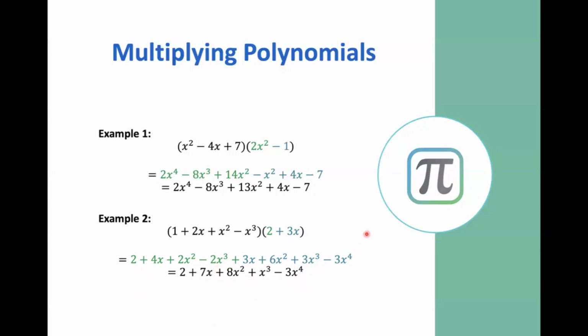A little bit more tricky than adding or subtracting polynomials, but as long as you take each sequence in turn and make sure you don't skip any multiplications out, then you should be fine. It's just a case of, I would say, noting each individual calculation and then combining based on powers of x.